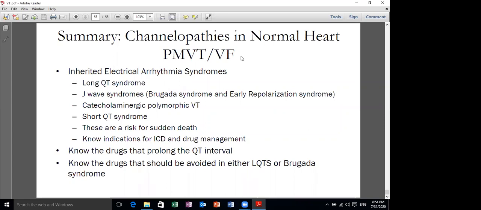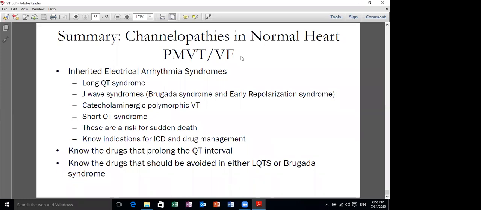The other group of patients are those who have the channelopathies, which starts with the long QT and goes across the whole spectrum that Dr. Mohammed presented. It's very important to keep in mind that the classic agreement is on those patients who have secondary prevention indications, so those who get ventricular tachycardia, and that's a class I indication for an ICD.